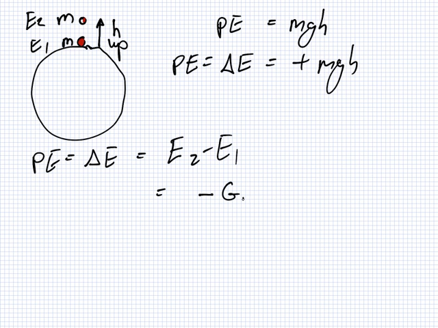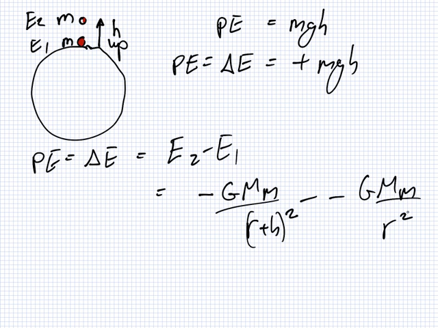Minus GMm over r plus h, the top one, minus GMm over r. By r I call it this. This is r. Oh, sorry. Thank you, Monica. No square.